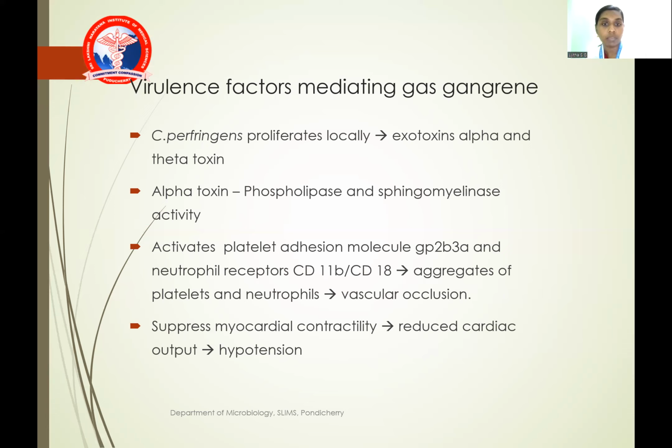It activates the platelet adhesion molecule GP IIb/IIIa and neutrophil receptors CD11b, CD18, and this results in aggregation of platelets and neutrophils leading to vascular occlusion. This is the pathogenesis. It also suppresses myocardial contractility, which leads to reduced cardiac output and hypotension.